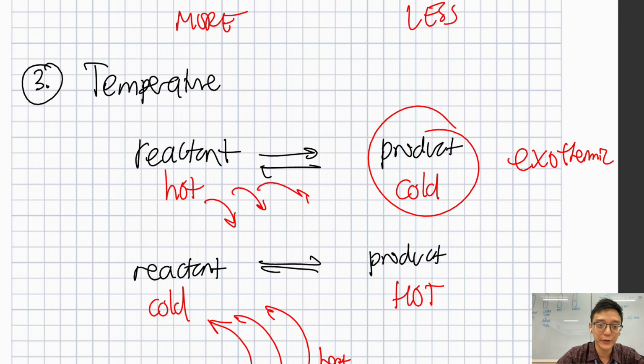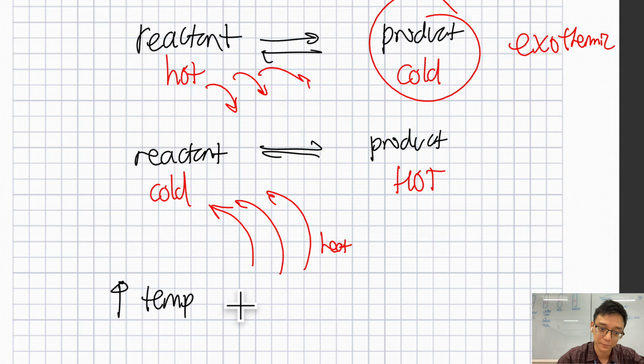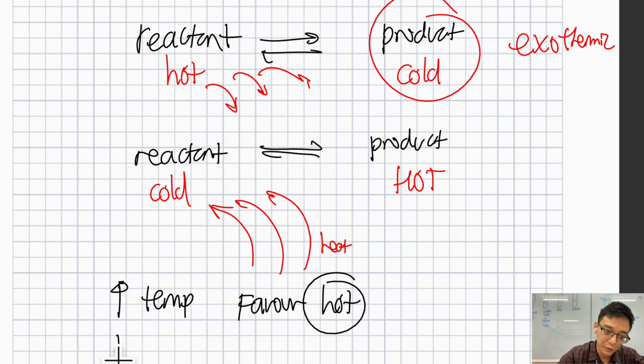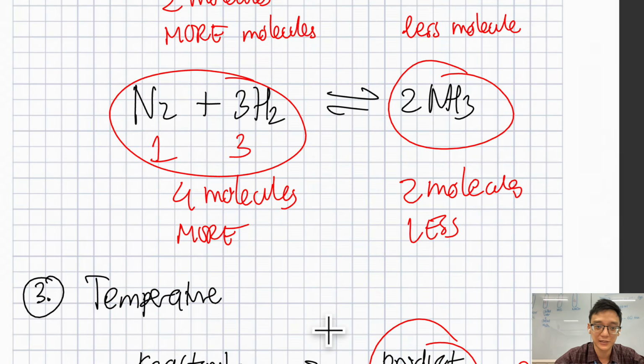If you increase the temperature, it will favor the side that is hot. If you reduce the temperature, it will favor the cold side. So for example, if this reaction here, nitrogen plus hydrogen becomes ammonia, let's say is exothermic.